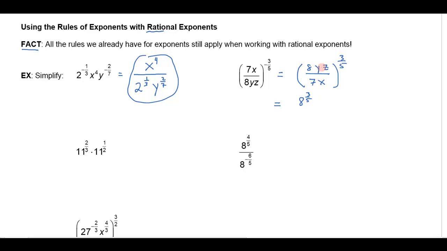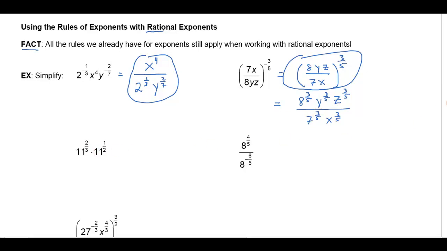That exponent outside will get distributed to each of the factors inside. Y to the 3/5, z to the 3/5, all over 7 to the 3/5, and x to the 3/5. So you can see why it's probably better in this case to just leave it like this. Although that would mean the same thing.